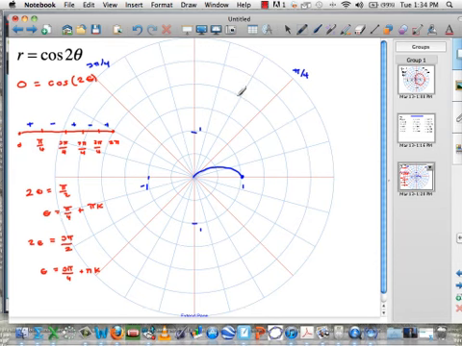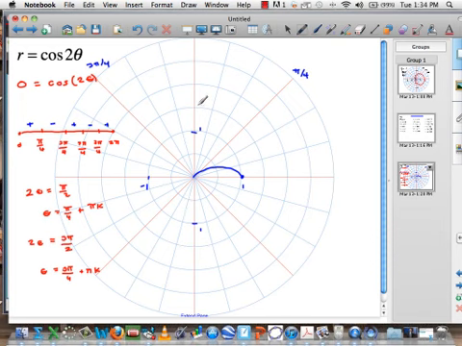They get plotted in quadrant 3 for this portion, and then in quadrant 4 for this portion. And then when we get to 3 pi over 4, we return to the pole. If you can imagine what's happening here, there would normally be dots somewhere in this ray, this ray, this ray, and this ray, but they're going to get reflected down here.